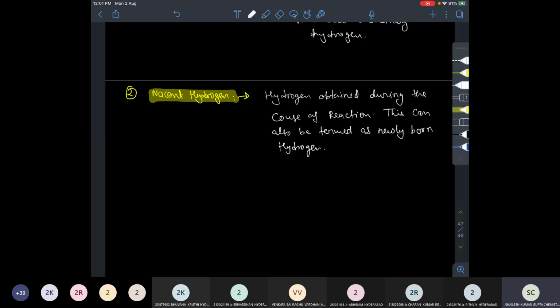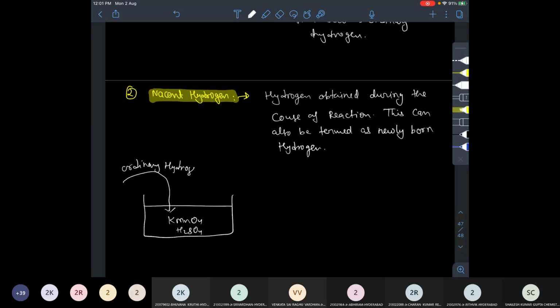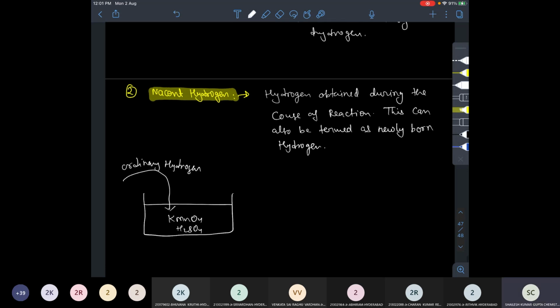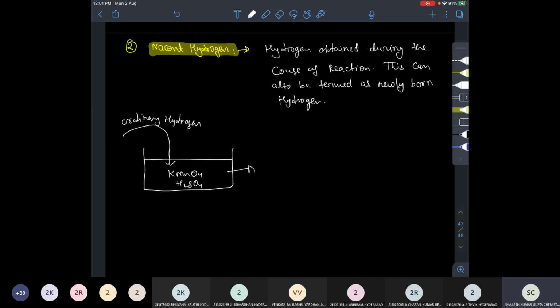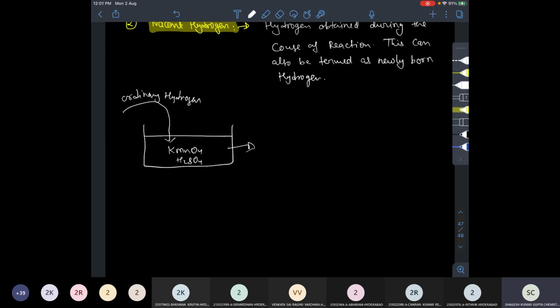So my dear, suppose you have stored one hydrogen sample and you have KMnO4 and H2SO4. If you are passing ordinary hydrogen, there will not be any color change. You know KMnO4 is which color? Purple.